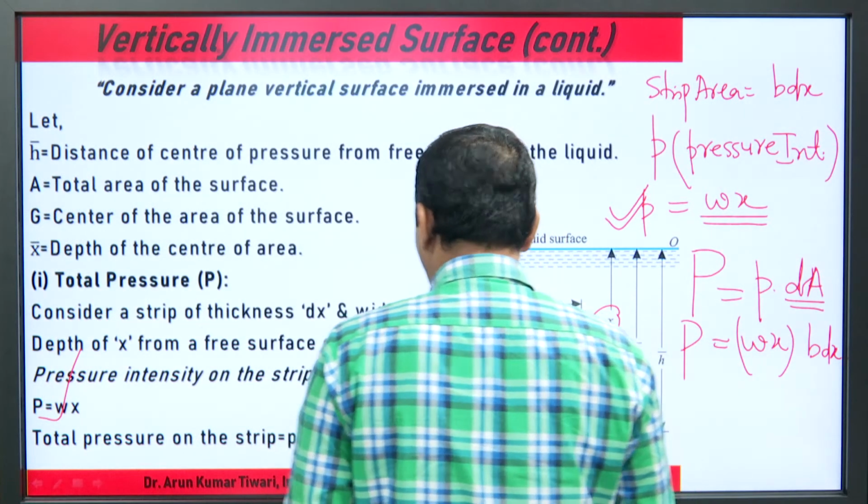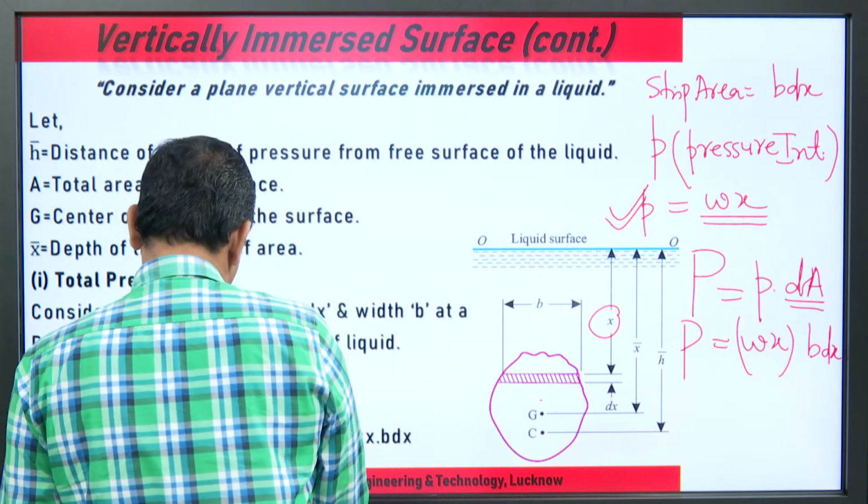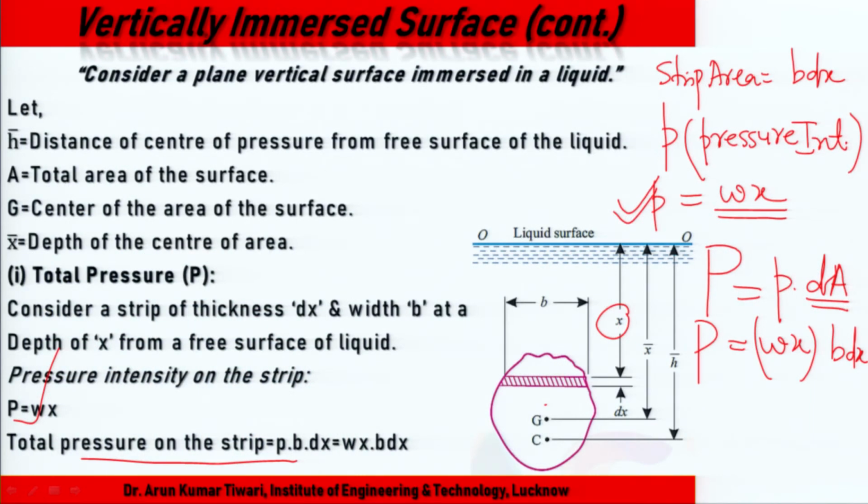So the total pressure on the strip is W x B dx.